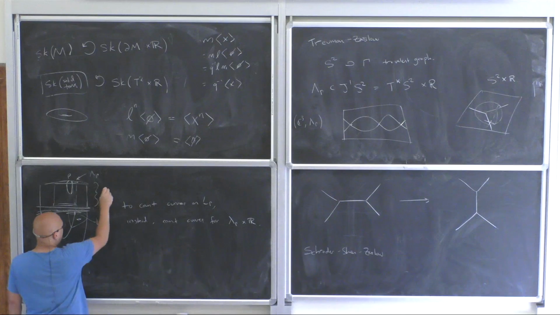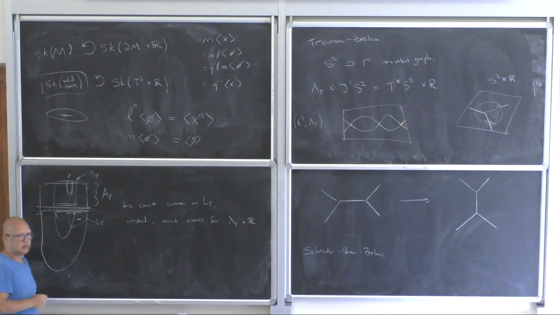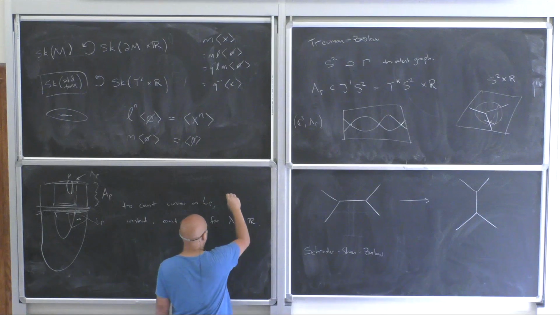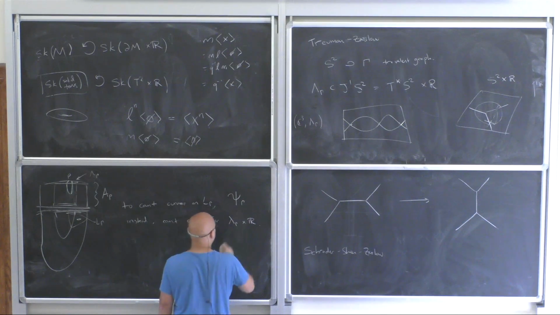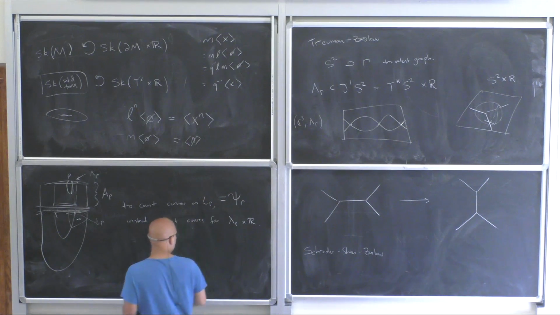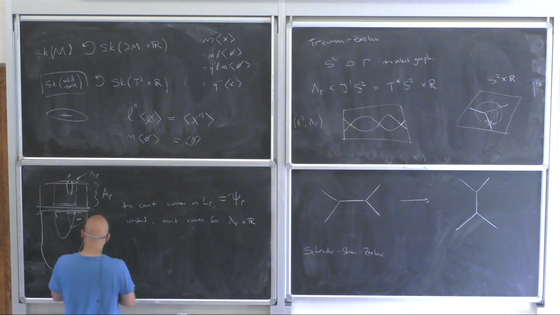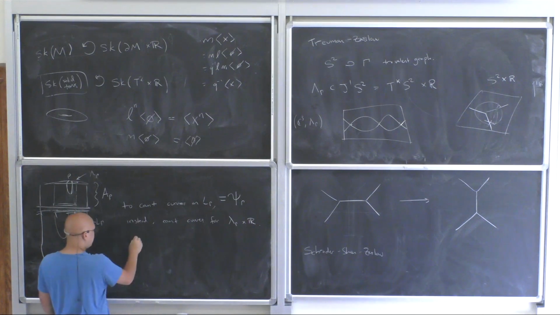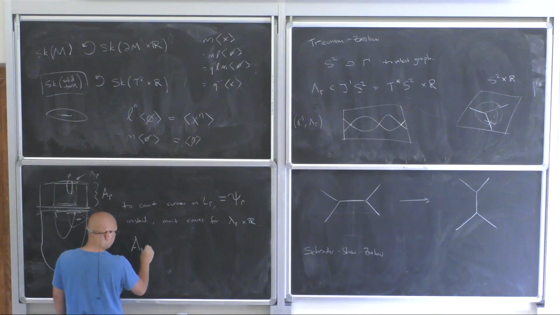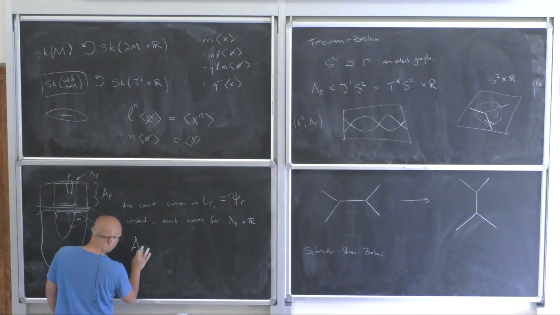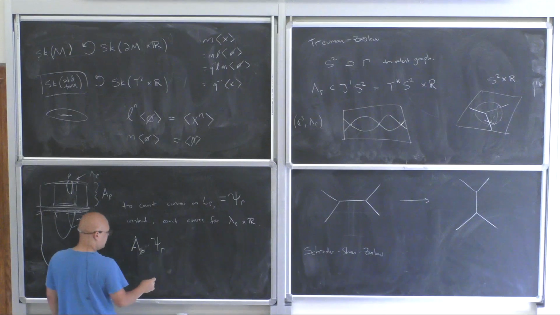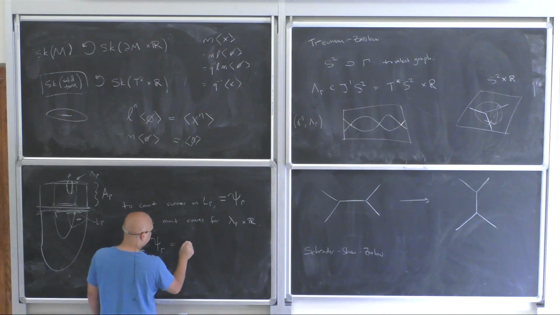I'm going to call this count A rho. And I'm going to call this count psi gamma. And what we learn by the same argument that Tobias explained is that A rho times psi gamma equals 0.